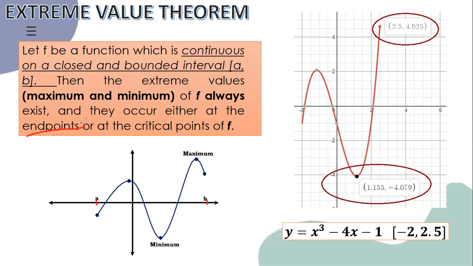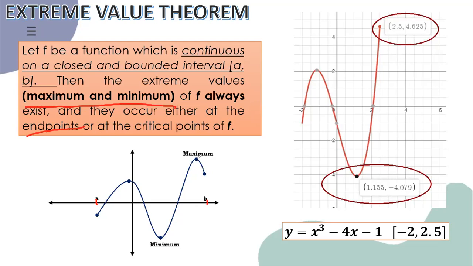So ano nga ba yung maximum and minimum sa ating graph? Okay, the maximum based on the word itself, maximum, pinakamataas, di ba? Okay, so nasan ba ang pinakamataas na y value or makikita natin sa graph?